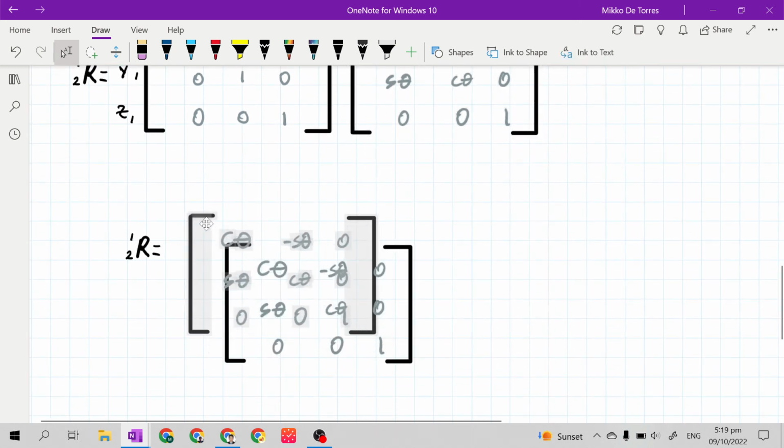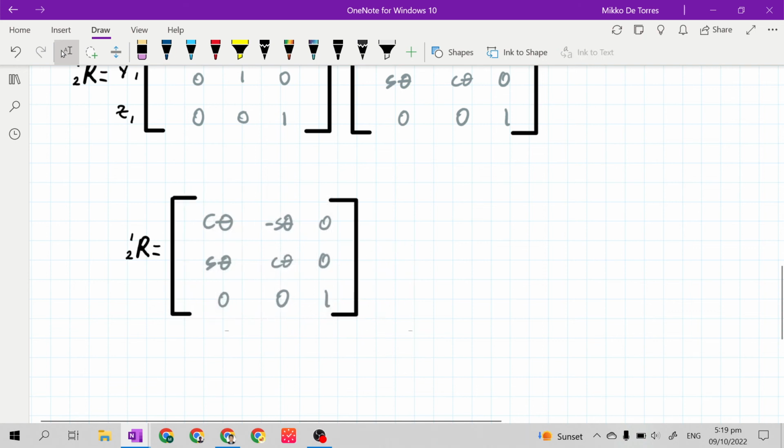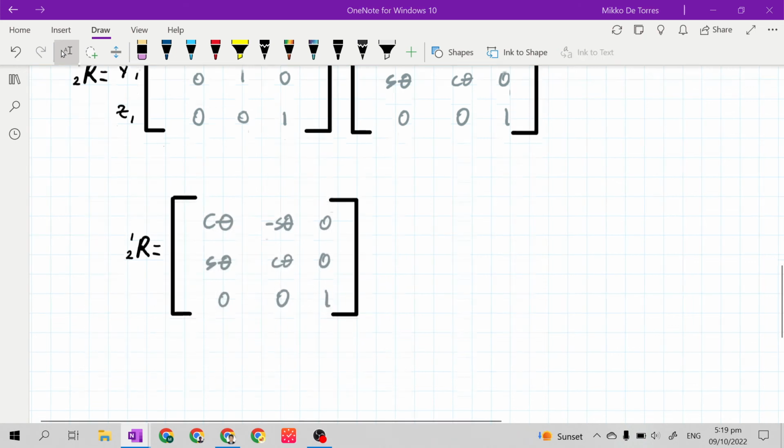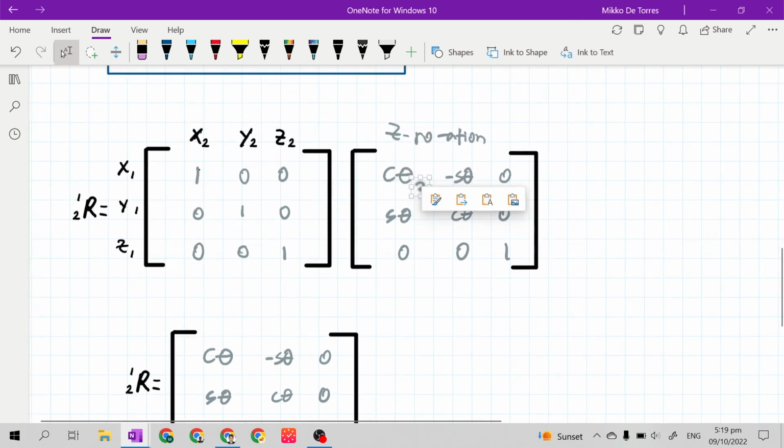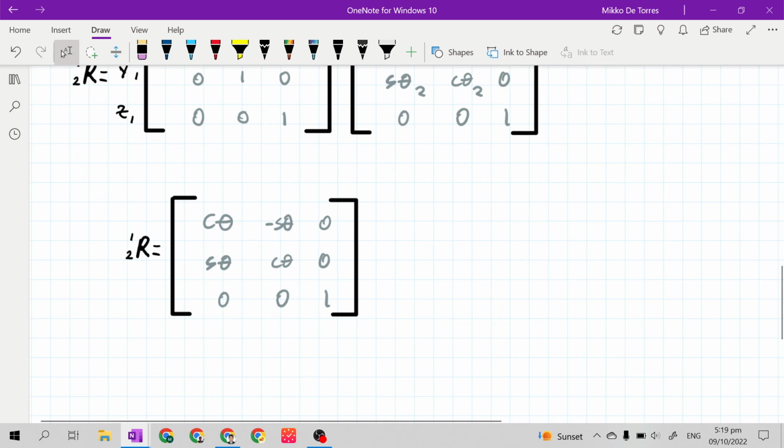I forgot to label each theta with 2 because we are now at joint variable theta 2, so don't forget to put labels on your joint variables. It will be very useful if you use programming languages like MATLAB and Python. So this will be our R12.